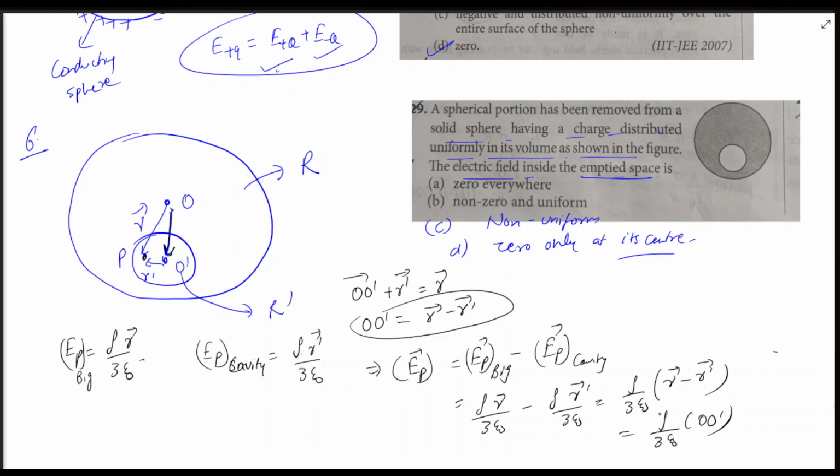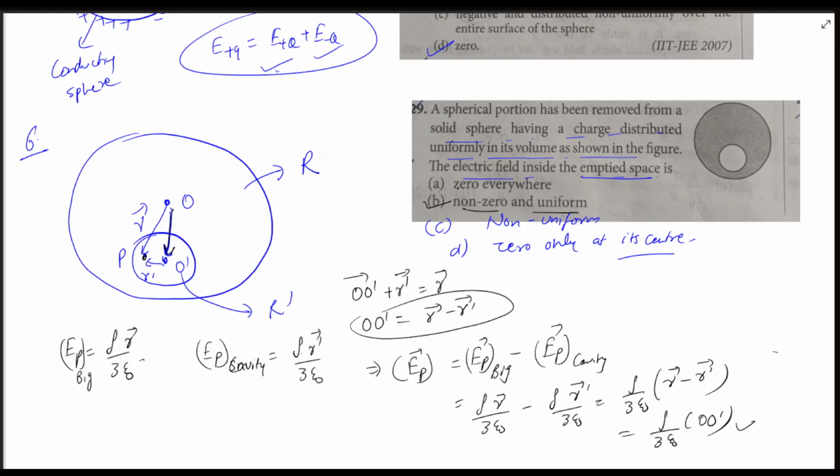So what we get is that we can take any point inside the cavity, it will always be in the direction of O dash. So if the direction is constant, the value is also constant, so we can say the electric field inside everywhere will be uniform, non-zero, and uniform.